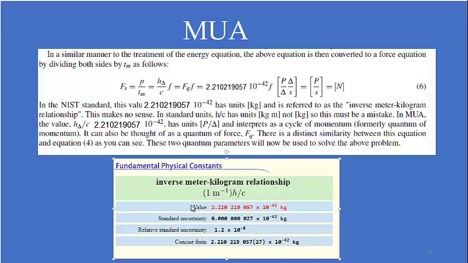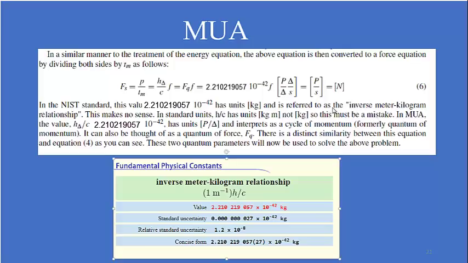Even using standard units, h over c, which evaluates to 2.2102189 times 10 to the minus 42, has units kilogram times meter and not kilogram. So even in standard units, this does not evaluate to kilogram. This must be a mistake.